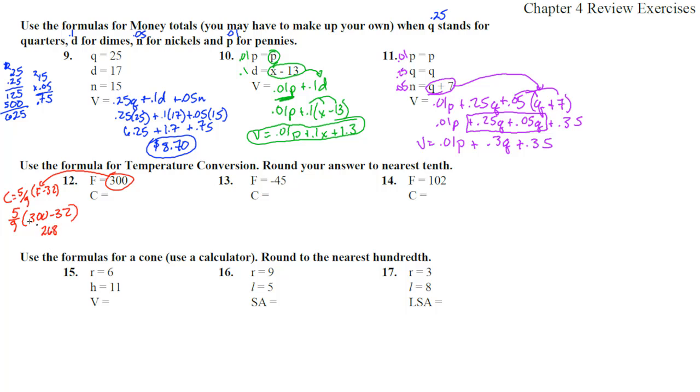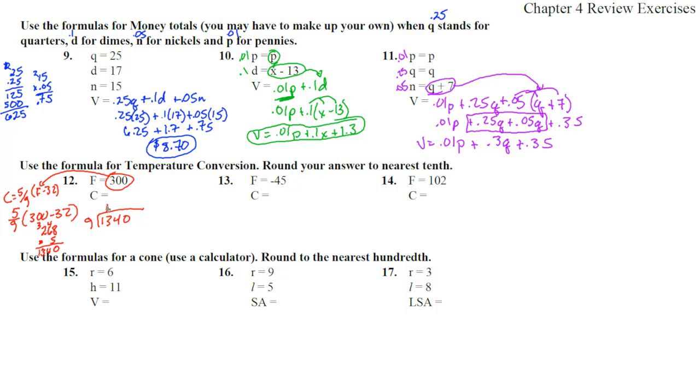So we've got to take 268 times 5 and divide by 9. So times by 5, that's 40, carry the 4, that's 34, carry the 3, and that's 13. So we've got 1340 ninths. So 1340 divided by 9.